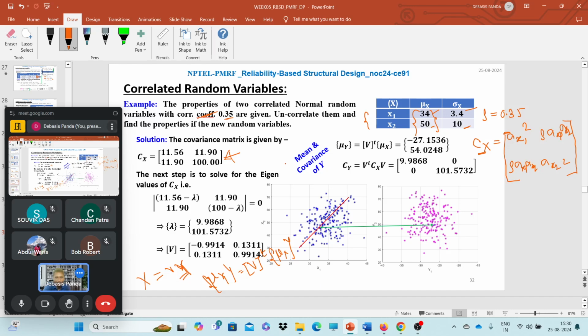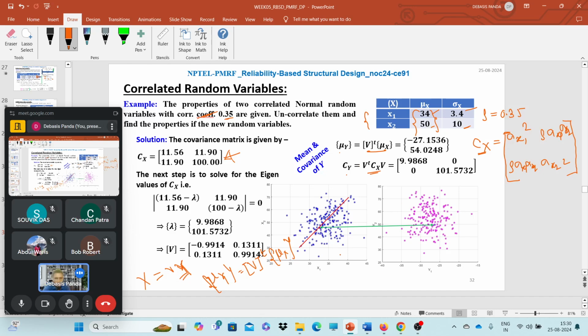So once we have performed this eigenanalysis and found the eigenvalues and eigenvectors, then we can easily find the mean and covariance of the uncorrelated random variable, or we can say in uncorrelated space.